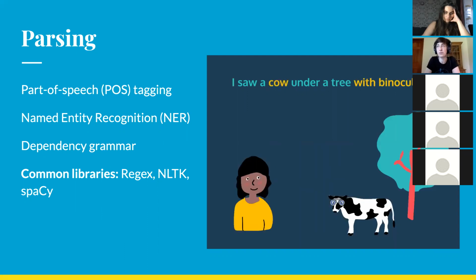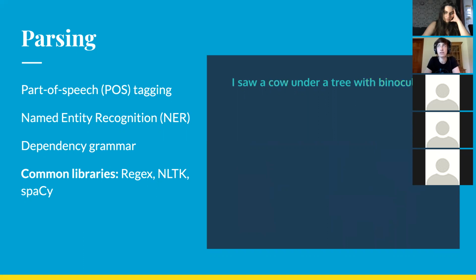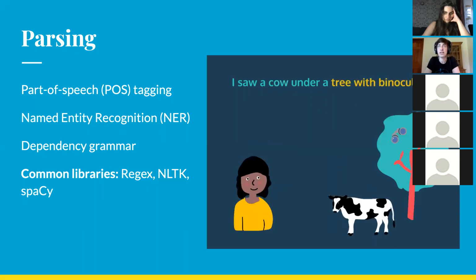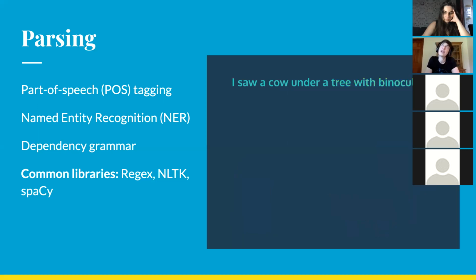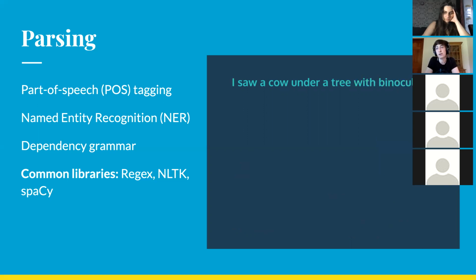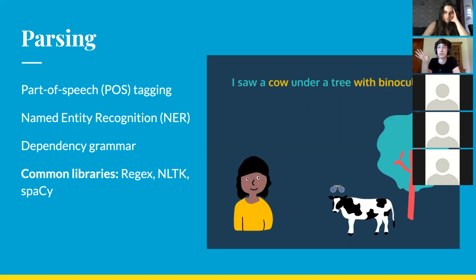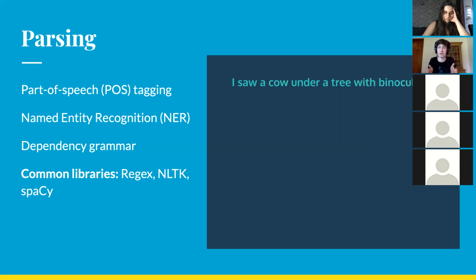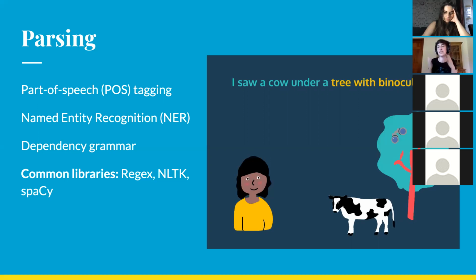You might know that what you're looking for is a noun followed by an adverb followed by a verb, and that might be all you know. So you're trying to find that specific pattern throughout your text, and that's something you could use parsing for.